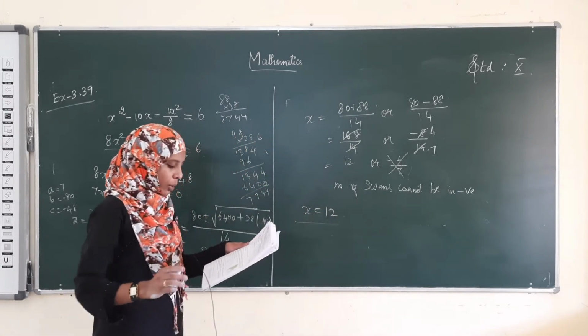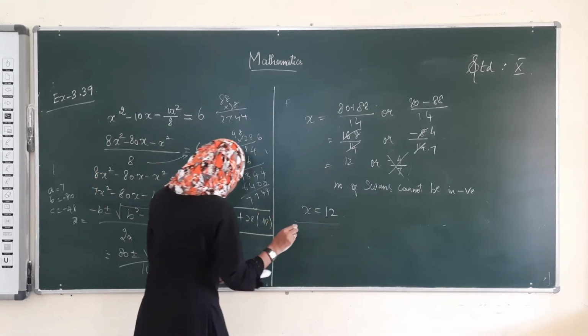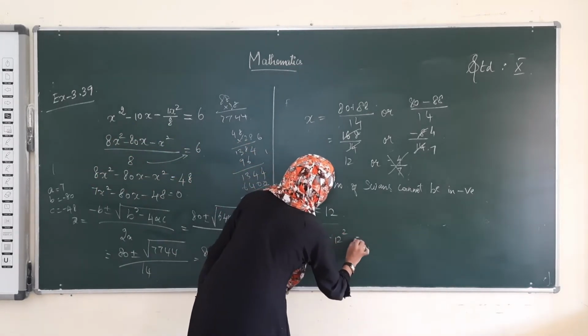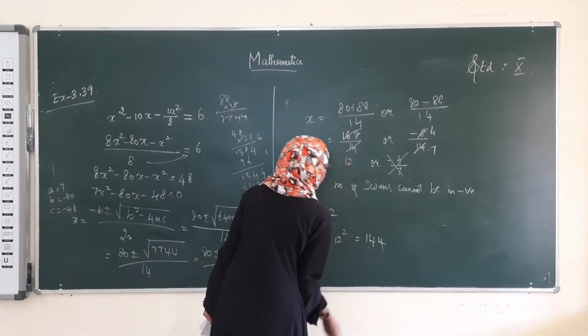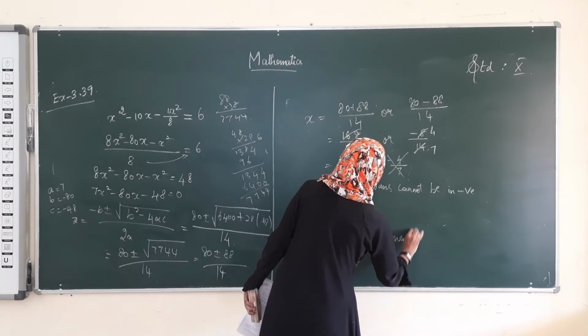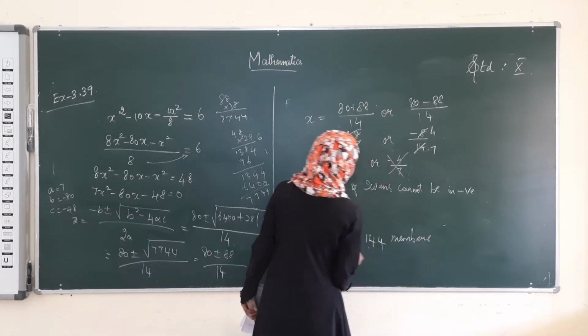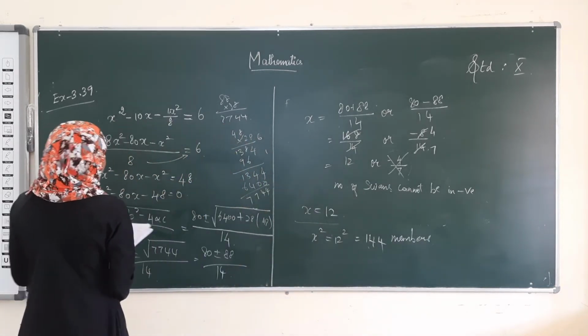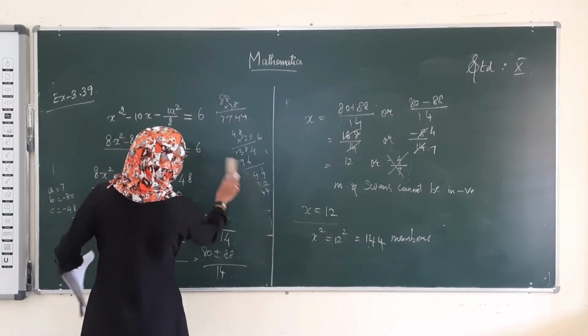Our flock of swans contains x squared members, that is, x squared is equal to 12 squared, which is 144 members. Therefore, the flock of swans contains 144 members. You have to write that the flock of swans contains 144 members. Now, let us see the next example. That is the last example.